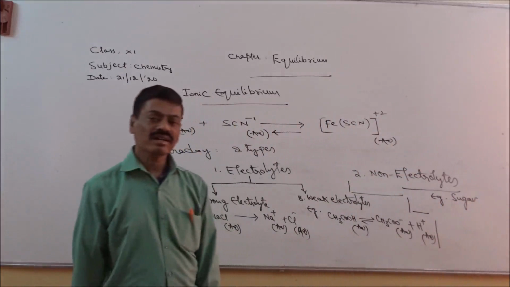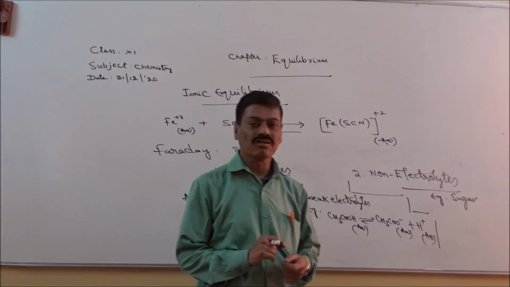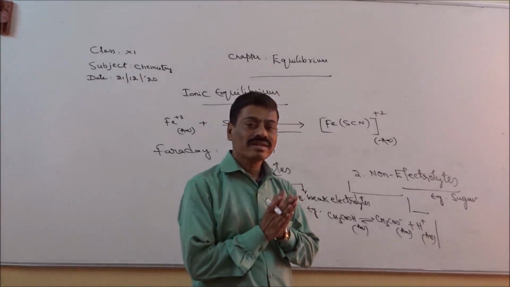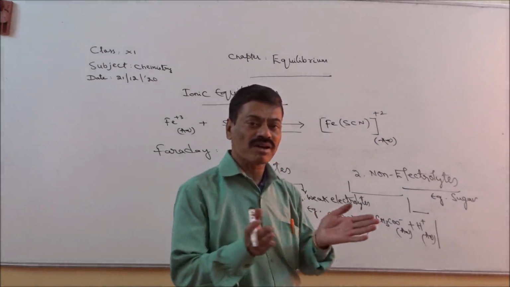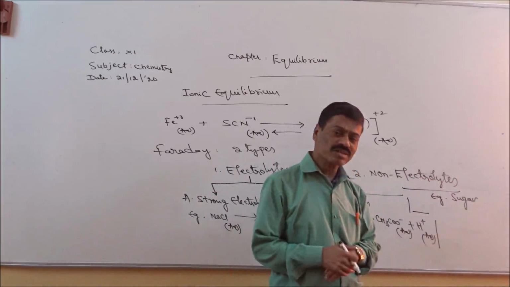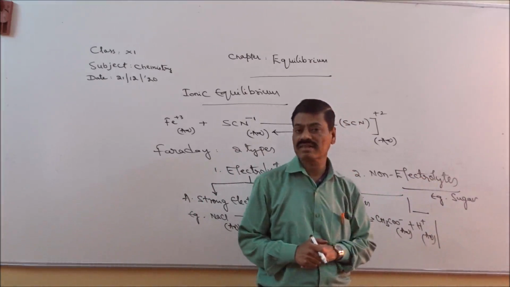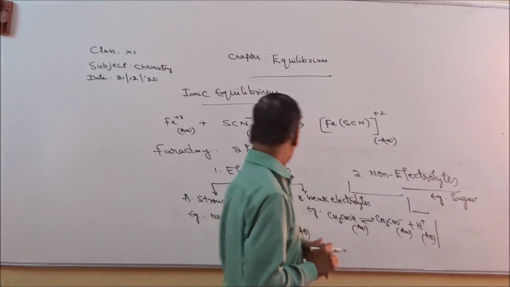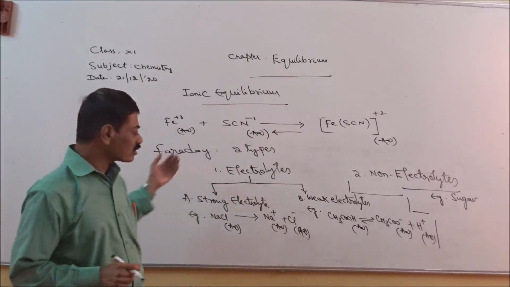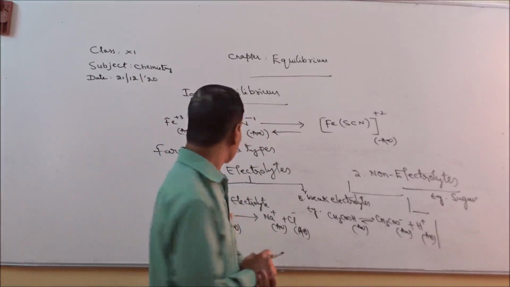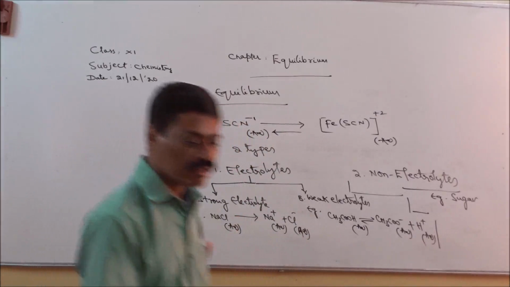If we add water to sugar or glucose and dissolve it, then it will divide to form molecules but not ions. That is why aqueous sugar solution doesn't act as a conductor of electricity. It will not conduct. Whereas an electrolyte, whether strong or weak, allows electricity to pass through it. That is about ionic equilibrium.